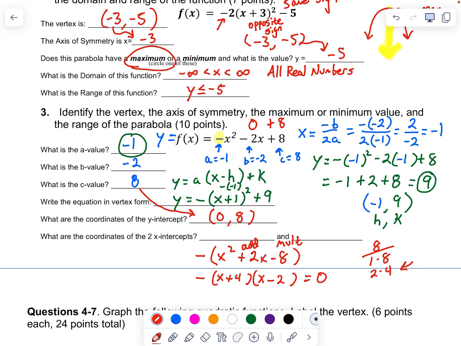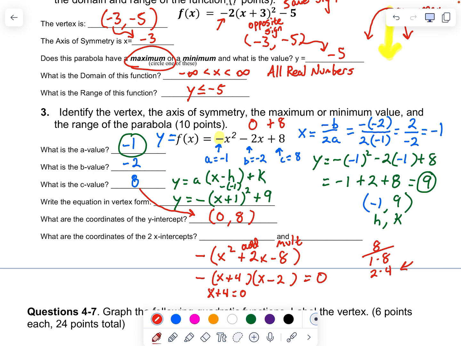And we use our zero product property to find what values of x make this a true statement. If this factor right here was equal to 0, that would be 0 times whatever this is, and that would equal 0. 0 times anything is 0.